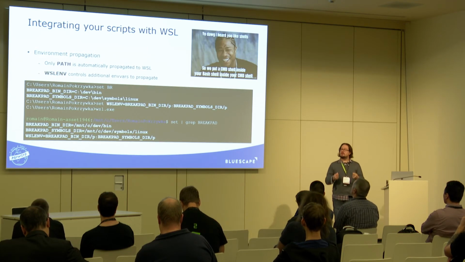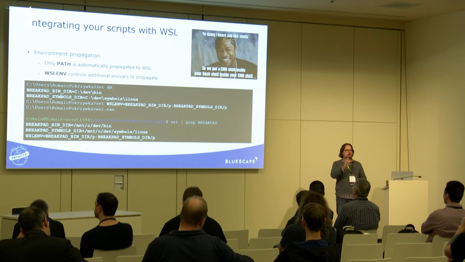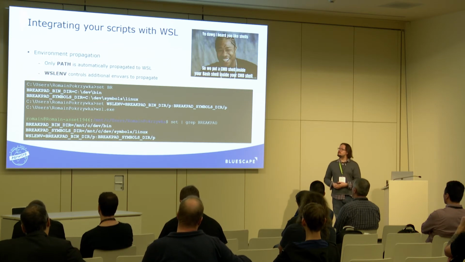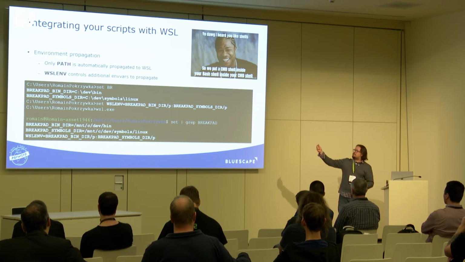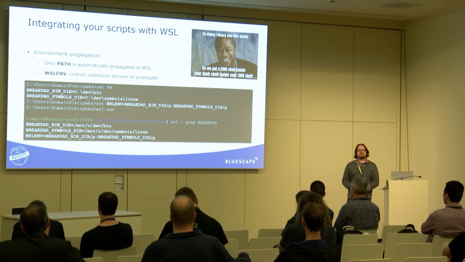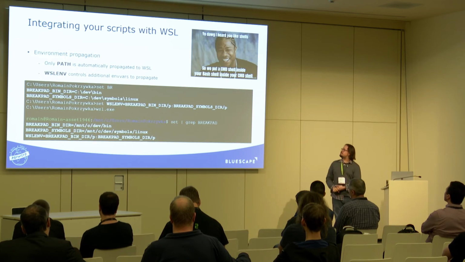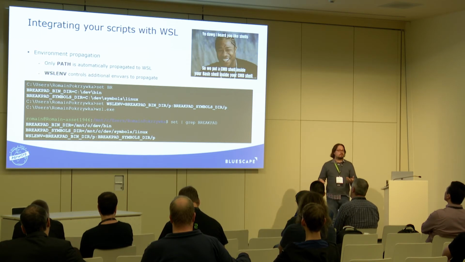In my case, I have the breakpad bin there, because that's where the breakpad binaries are. These will be somewhere in C:\dev and so on. That WSLENV variable is parsed by WSL when the bash environment starts up, and based on the flags that you pass, here the /p at the end means it's a path, so WSL will convert those automatically.